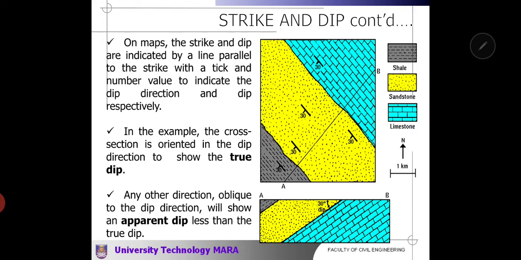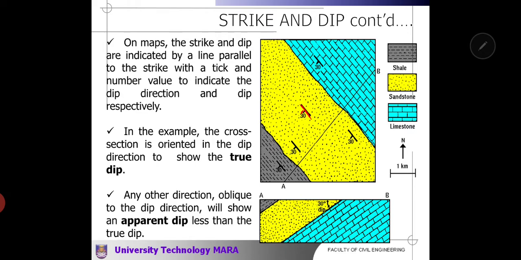We also put the values of strike and dip on our geological map, and they do it by presenting them with this line. We have a longer line here, which is the strike line, and the shorter line indicates the dip direction, which is that the water will flow to the left of this picture.